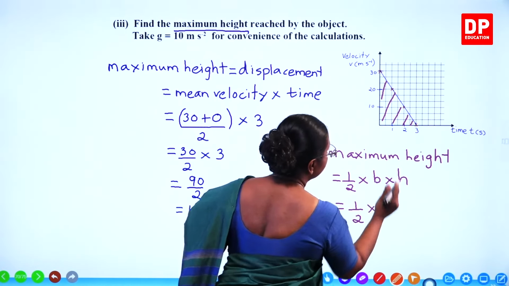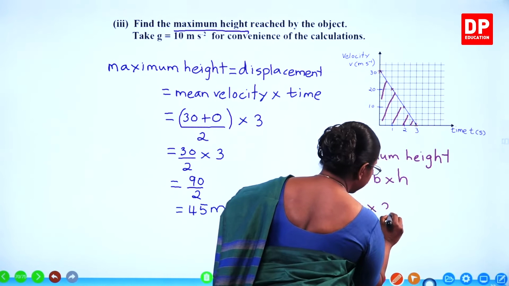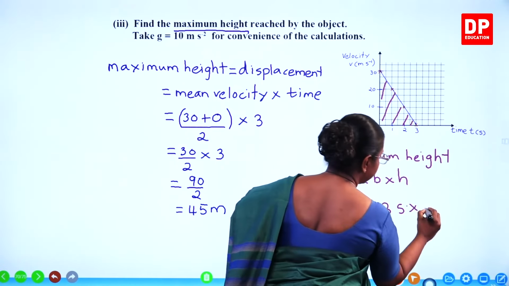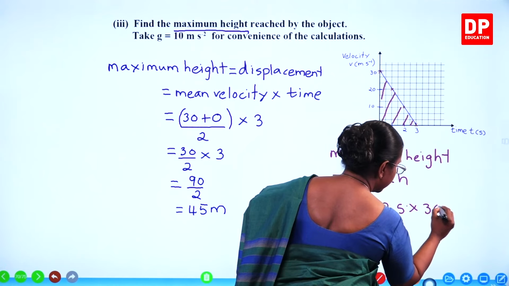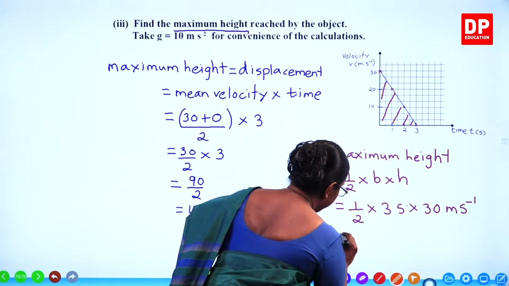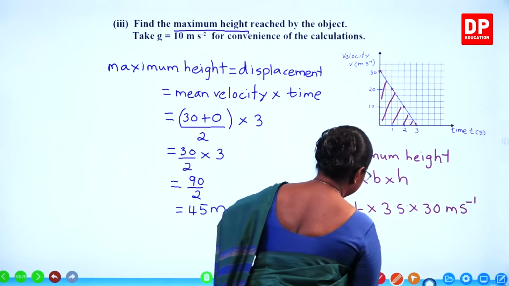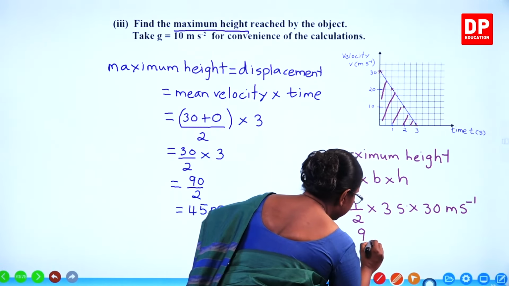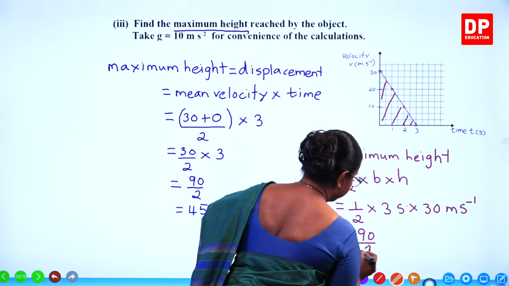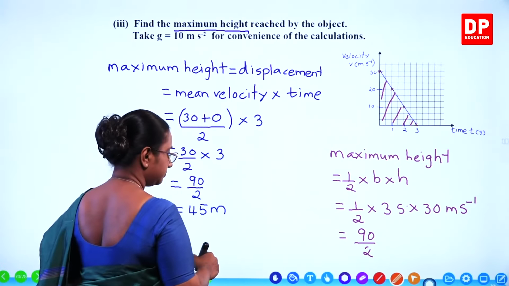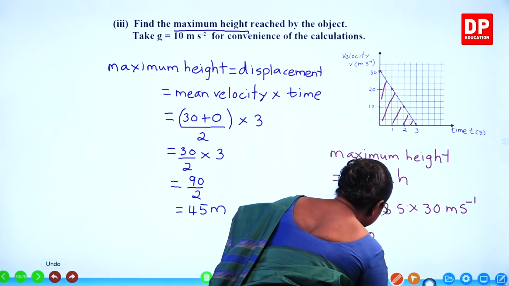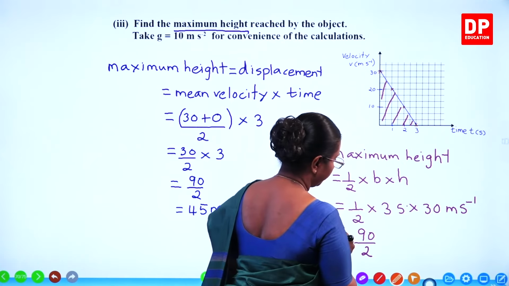Half, the value of the base is 3 seconds and the height is the initial velocity, 30 meters per second. If we simplify this again, it is 90 divided by 2.